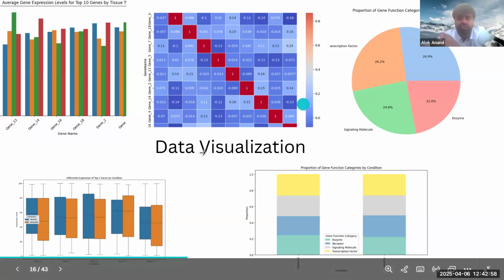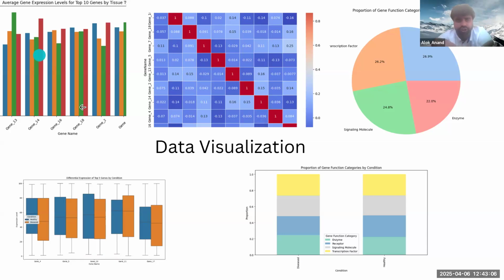So here I'm just showing a few of the images which are used to answer these kinds of questions. It is a histogram, a bar graph, a grouped bar graph or stacked bar graph, where we are trying to show the expression of a few of the genes in the different conditions.